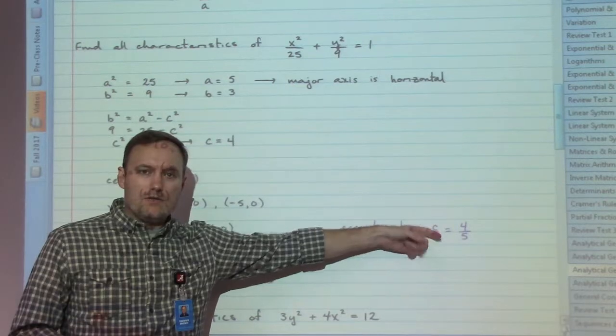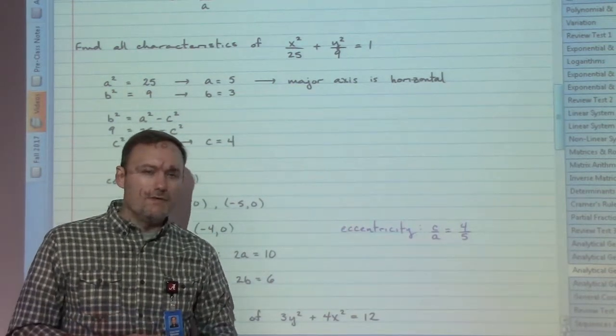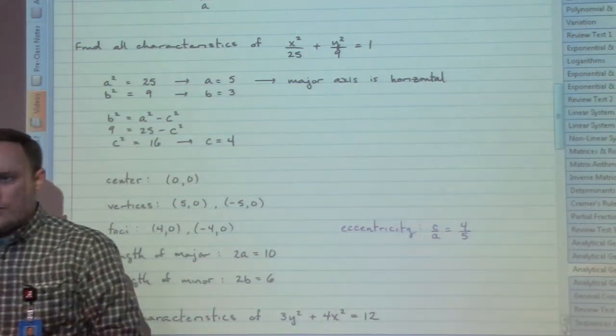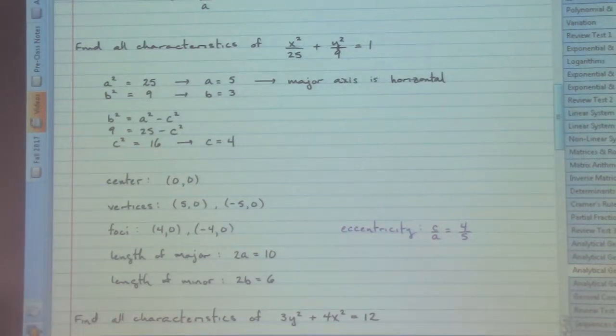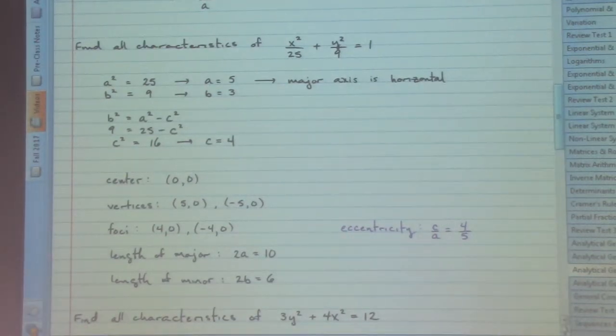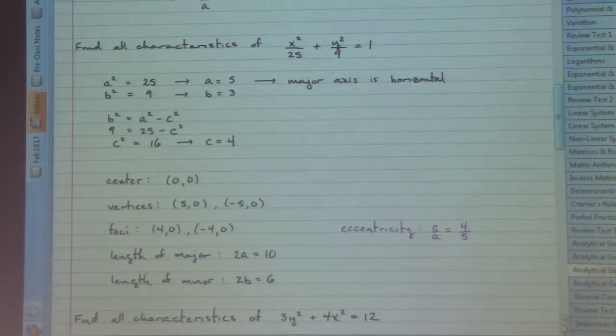The eccentricity is 4/5, so maybe we can judge how much or how little that eccentricity is telling us about being close or far from a circular shape. That's something we would have to take a little extra time to examine to come up with some useful comments about the eccentricity.